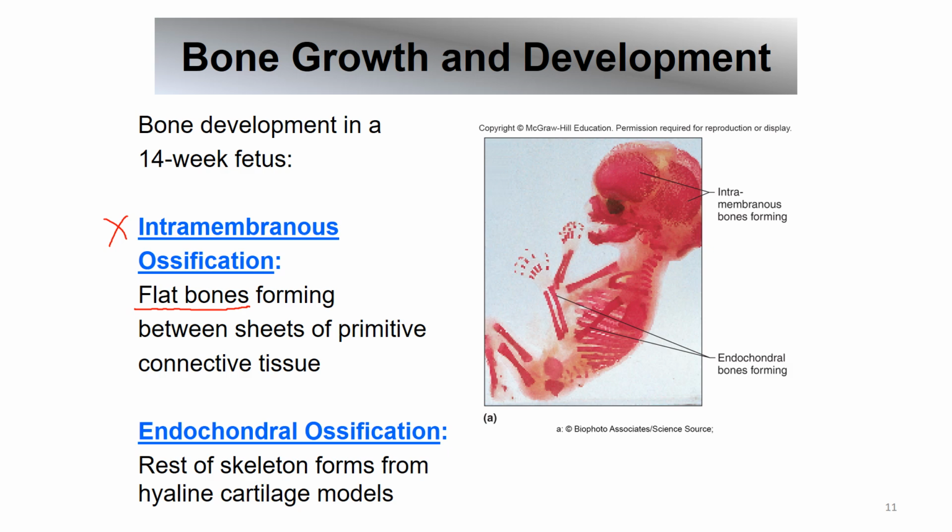Know that here, bones are developing from primitive connective tissue, also called mesenchyme or mesoderm, and so this is an embryonic tissue that's slowly turning to bone. The other type of bone formation is endochondral ossification. This forms the rest of our bones, meaning the long bones, short bones, irregular bones. But know that here, these bones are developing from hyaline cartilage.